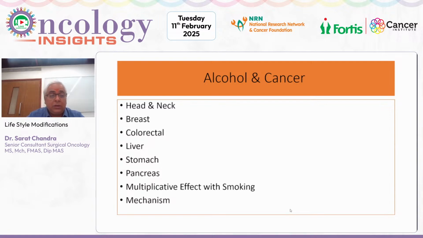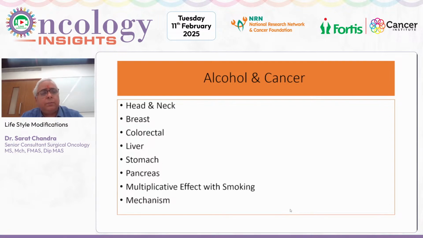Similarly, alcohol consumption is also addictive. The mechanism of carcinogenesis in alcohol consumption is that the end product of alcohol metabolism is understood to be acetaldehyde in the liver, which hits the cells at the genetic level and causes cancer. Not only that, alcohol consumption also causes various nutrient deficiencies, which can eventually lead to cancer formation.